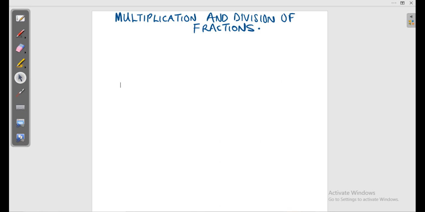And we're going to see the relationship between multiplying and dividing fractions. Now, when multiplying fractions, you need to examine the concept of cancellation or reducing to the lowest term. That is one good thing you need to consider.